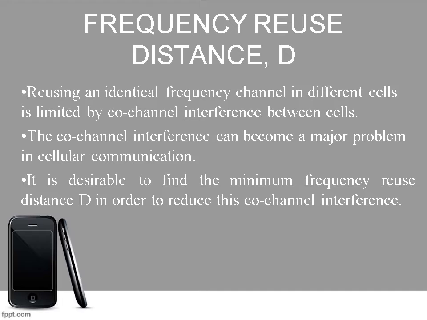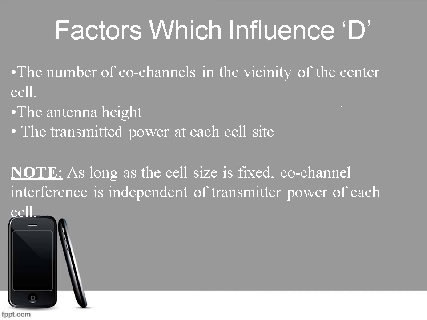Then frequency reuse distance D. So here reusing an identical frequency channel in different cells is limited by co-channel interference between cells. The co-channel interference can become a major problem in cellular communication. It is desirable to find the minimum frequency reuse distance D in order to reduce this co-channel interference.